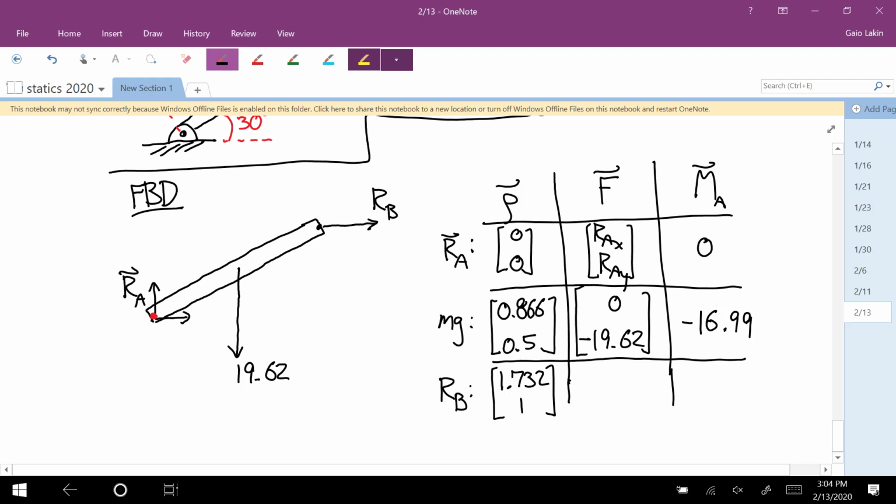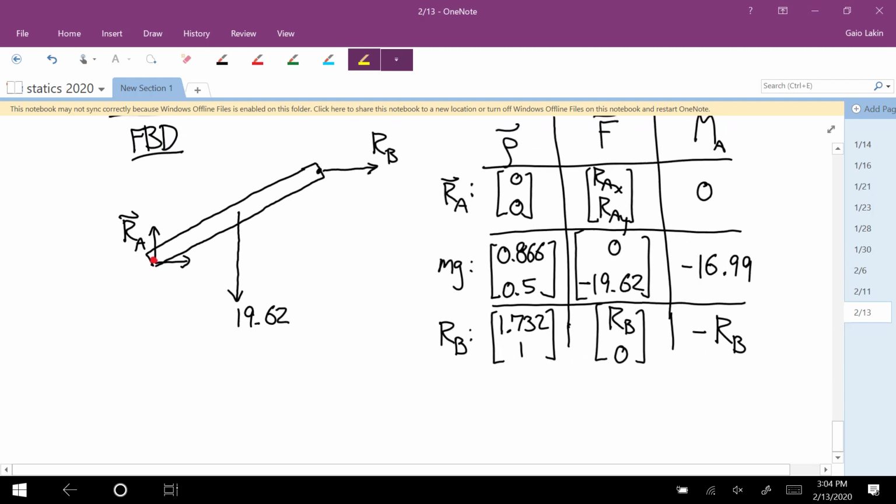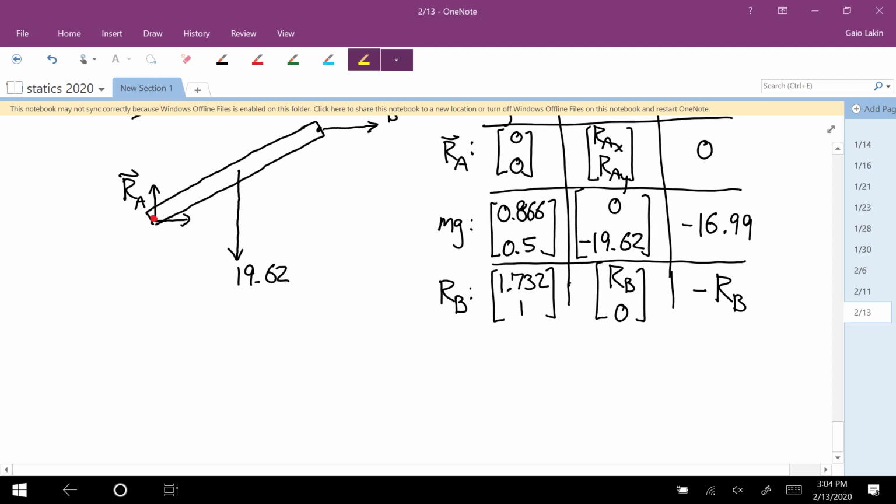And the force vector, the way I have it defined, is positive RB, 0. It would be negative RB, 0 if you drew it the other way. And the cross product is negative RB. It doesn't matter, right? Either one is fine.